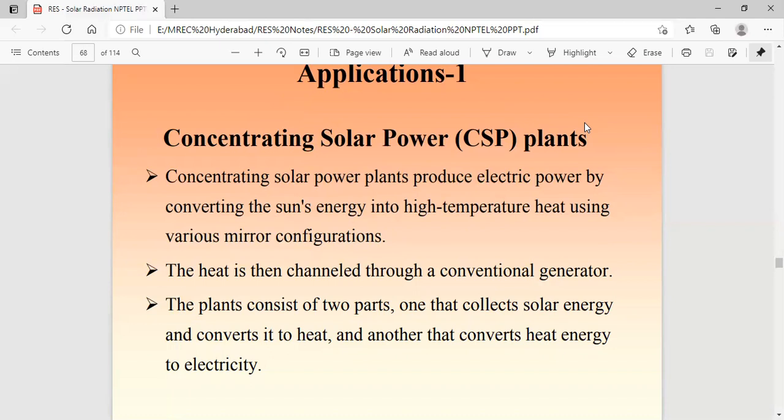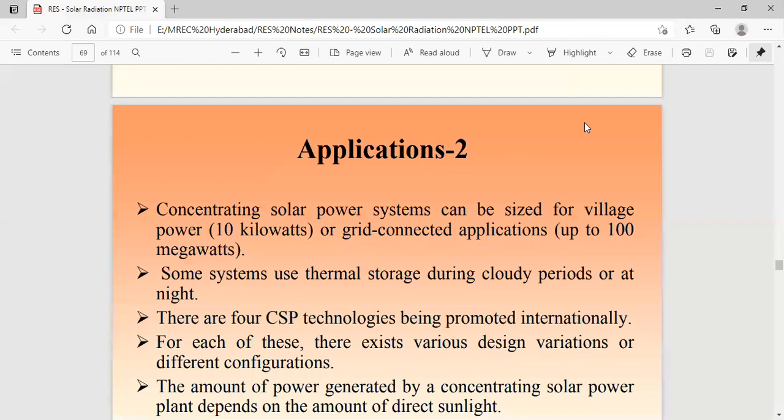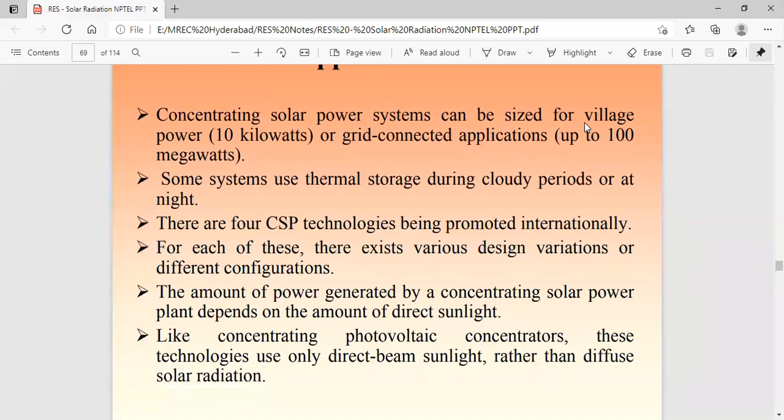The plants consist of two parts, one that collects solar energy and converts it to heat, and another that converts heat energy to electricity. The concentrating solar power systems can be sized for village power, that is 10 kilowatts, or grid connected applications up to 100 megawatts. Some systems use thermal storage during cloudy periods or at night.